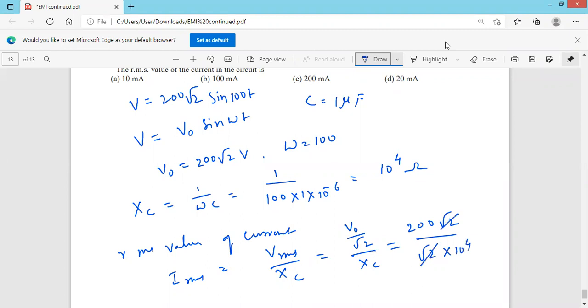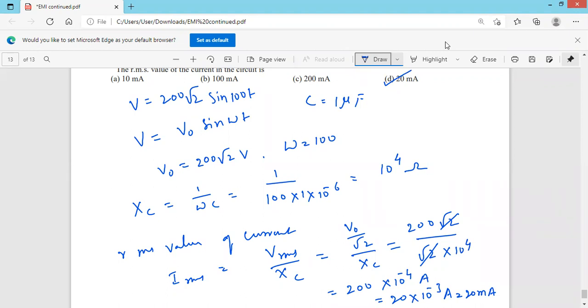Root 2 cancels. We get 200 into 10 to the power of minus 4 ampere, or 20 into 10 to the power of minus 3 ampere. That is 20 milliampere. Option D. So very simple.